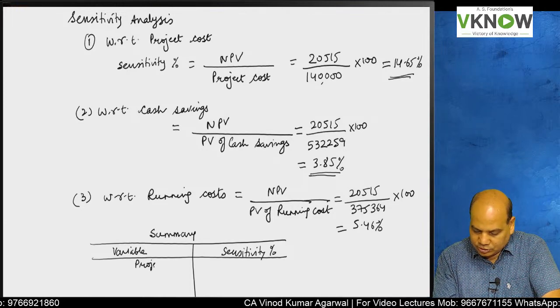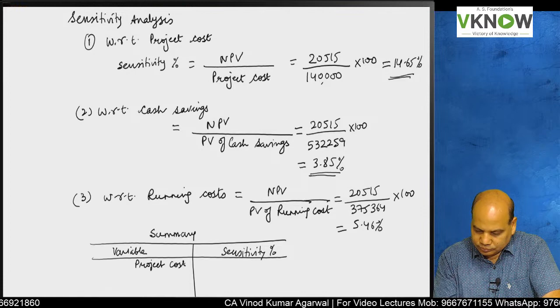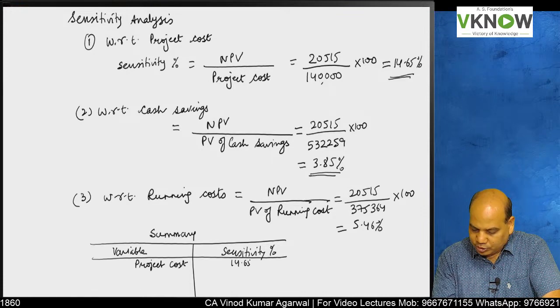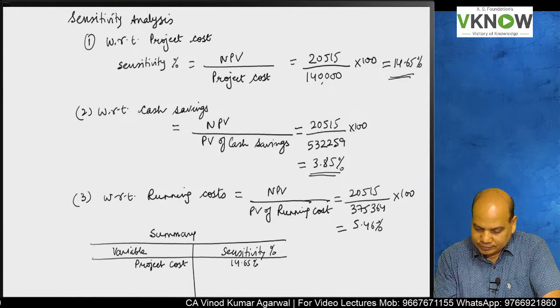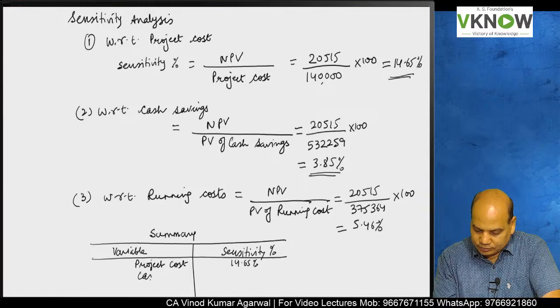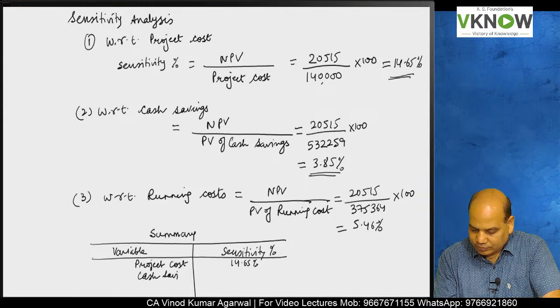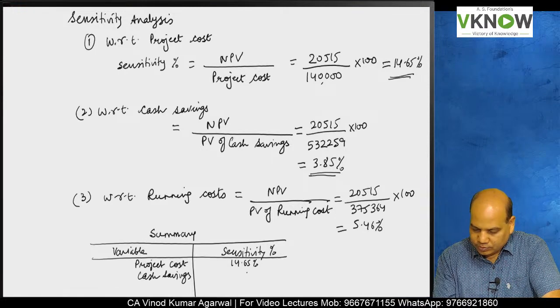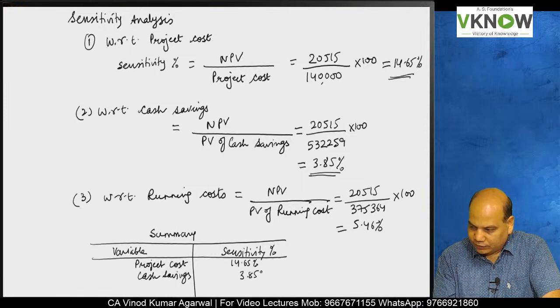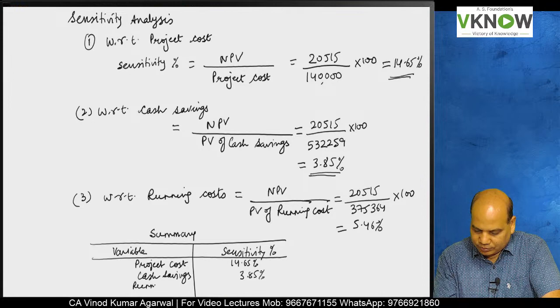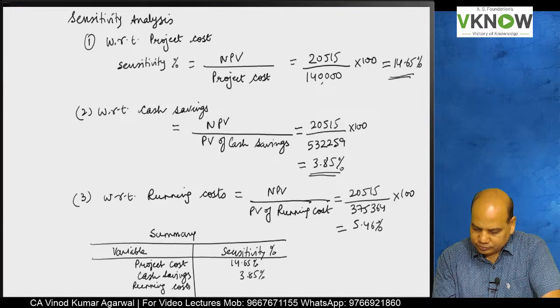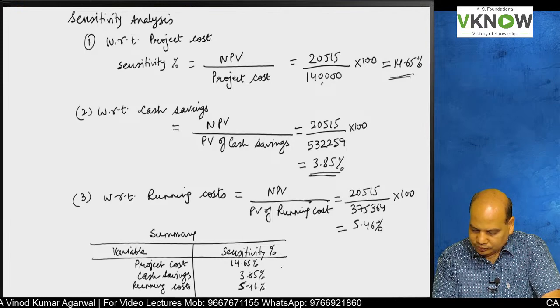Variable is project cost, 14.65%. Cash savings, 3.85%. Running cost, 5.46%.